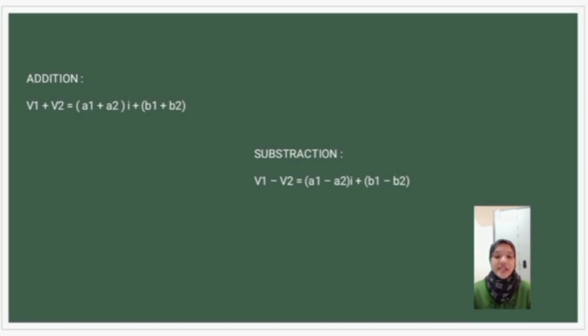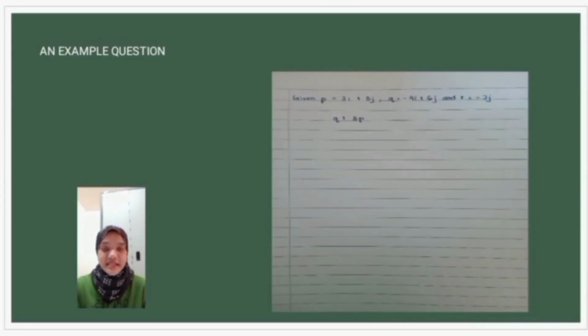And for subtraction, V1 minus V2 equal to (A1 minus A2) multiplied by i plus (B1 minus B2) multiplied by j. This is an example of a question about operation of vector. I will solve the question one by one.